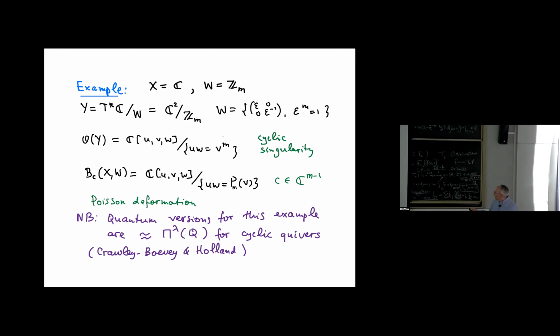And there is a natural Poisson deformation of this singularity if you replace this monomial v^{2m} by an arbitrary polynomial of degree m. And then you can actually rescale generators to make this polynomial monic. And by shifting the variable, the generator v, you can also achieve that the next coefficient vanishes.